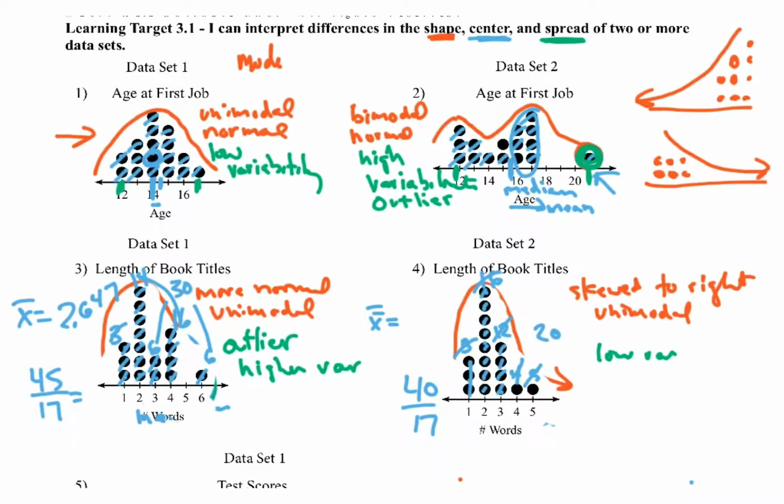So 40 divided by 17, we get 2.35, so basically 2.4. So we can see, even though they both had the same median, this one, because of these numbers, pulled it up slightly higher than this one did.